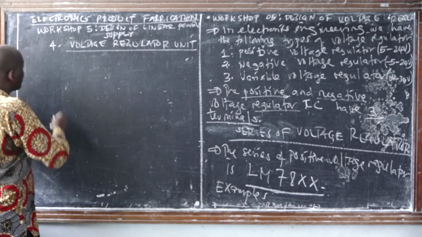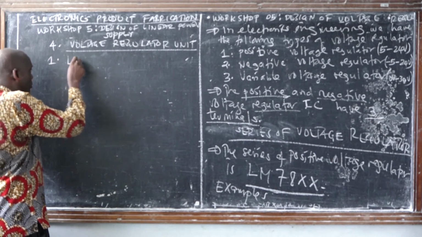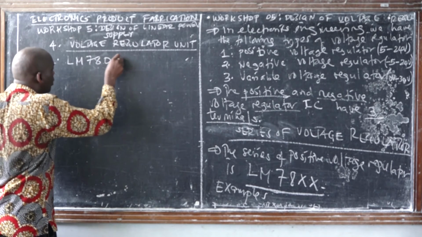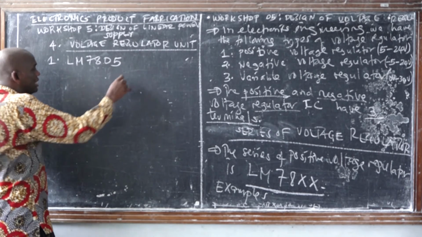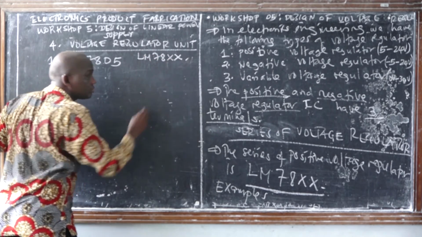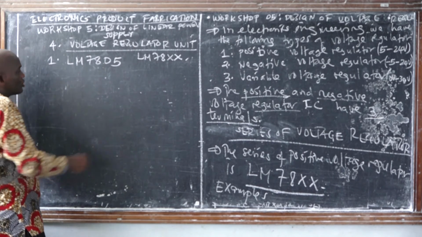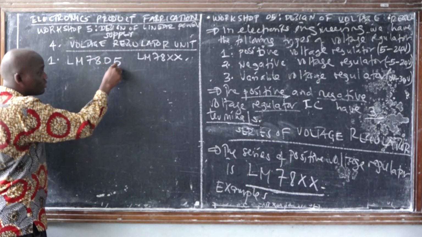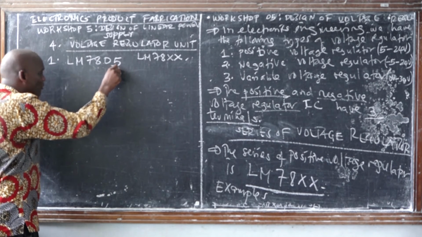So some examples: in electronics, we have a positive voltage regulator which is called LM7805. Remember that the series is LM78XX. So the first X here is 0. The second X is 5.